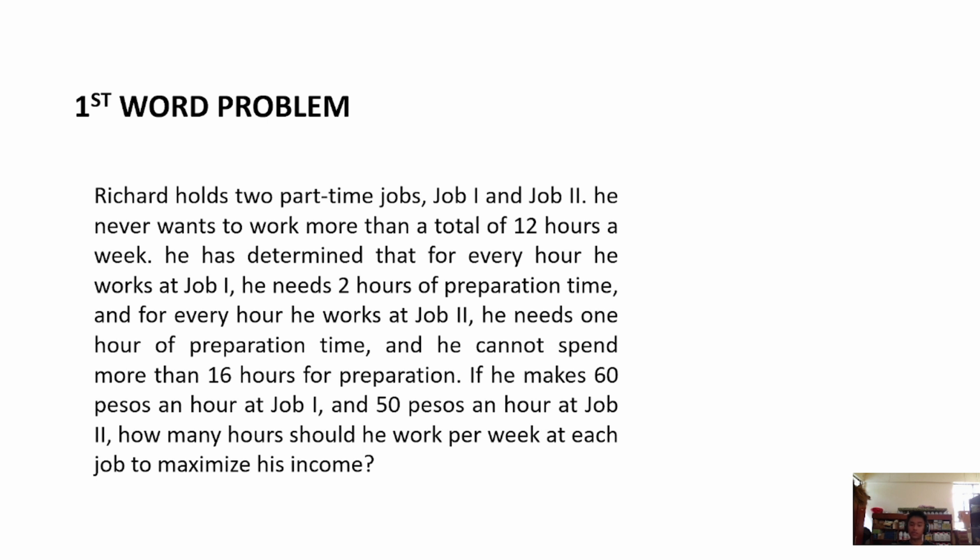If he can make 60 pesos an hour at job one and 50 pesos an hour at job two, how many hours should he work per week at each job to maximize his income?